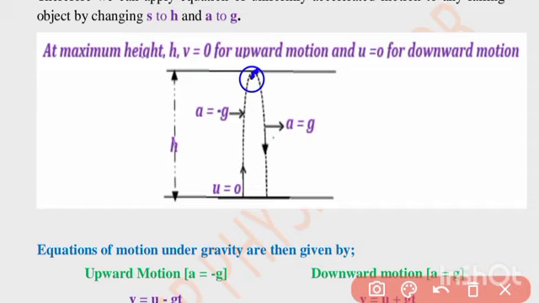Now, at that point, we have a final velocity equal to zero, because for the object to get to this point and before coming down, the object will stop for maybe a microsecond or millisecond before falling back to the earth. So that is why the final velocity at that point equals zero, no matter the velocity the object has been moving with.